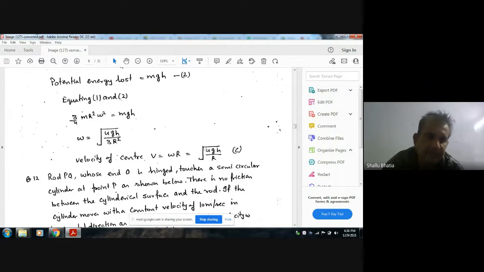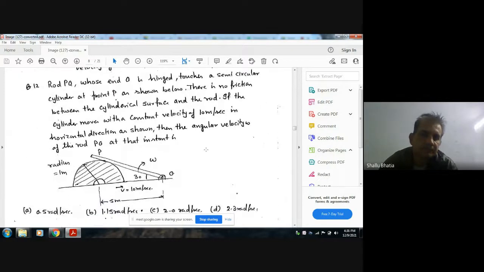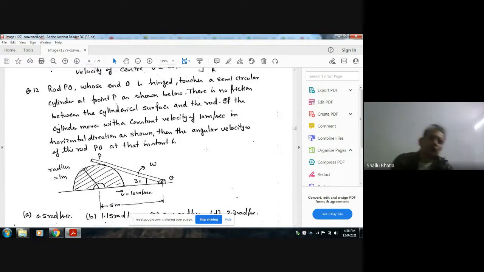Okay. Next, the rod PQ whose end Q is hinged touches a semicircular cylinder at the top at point P as shown below. There is no friction between the cylindrical surface and the rod.